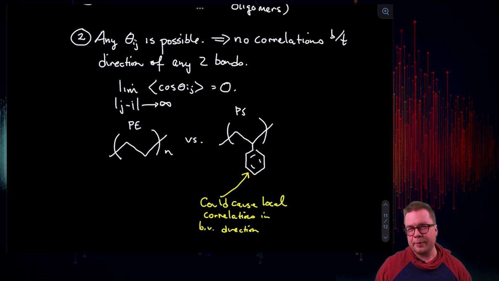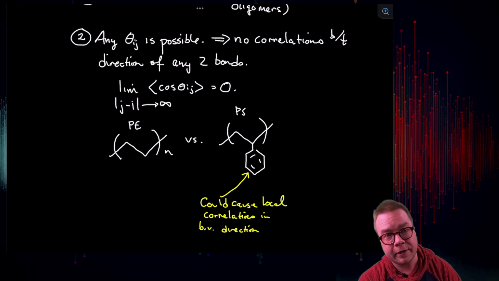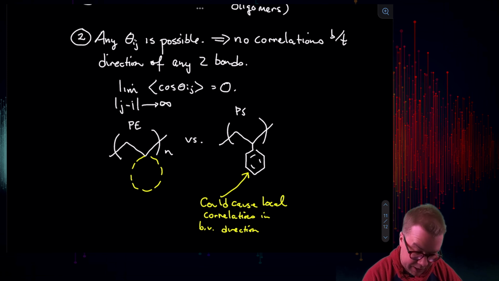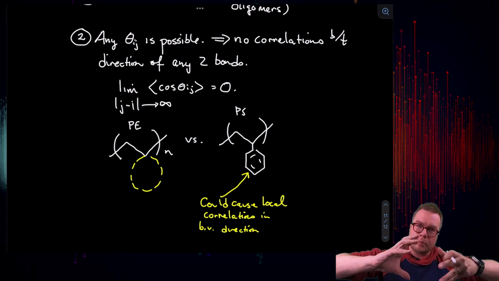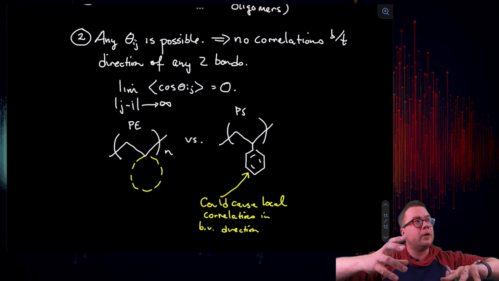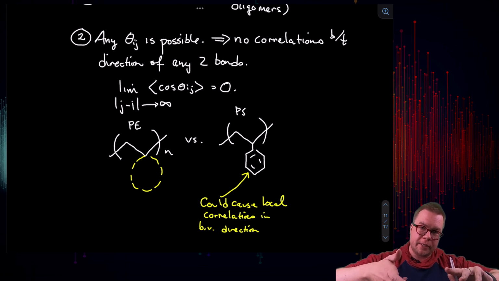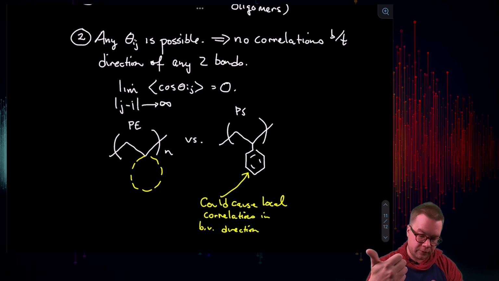And if we were just guessing by looking at the structure of the polymer, you might expect that the correlations for polystyrene would be greater than the correlations for polyethylene, because polyethylene doesn't have that bulky side group to restrict how much these monomers can rotate with respect to each other, which will affect the direction of the bond vectors with respect to each other.